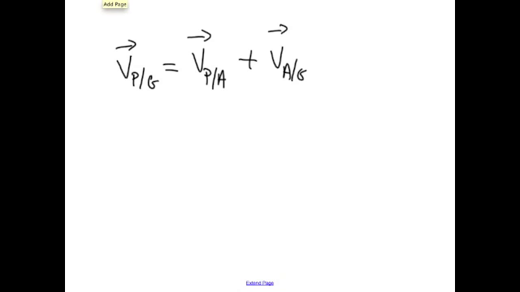It is always the velocity, that's a vector, of the plane relative to the ground is equal to the velocity of the plane relative to the air, that's a vector, plus the velocity of the air relative to the ground. And this right here is the wind. This right here is the airspeed. And this right here is the ground speed.